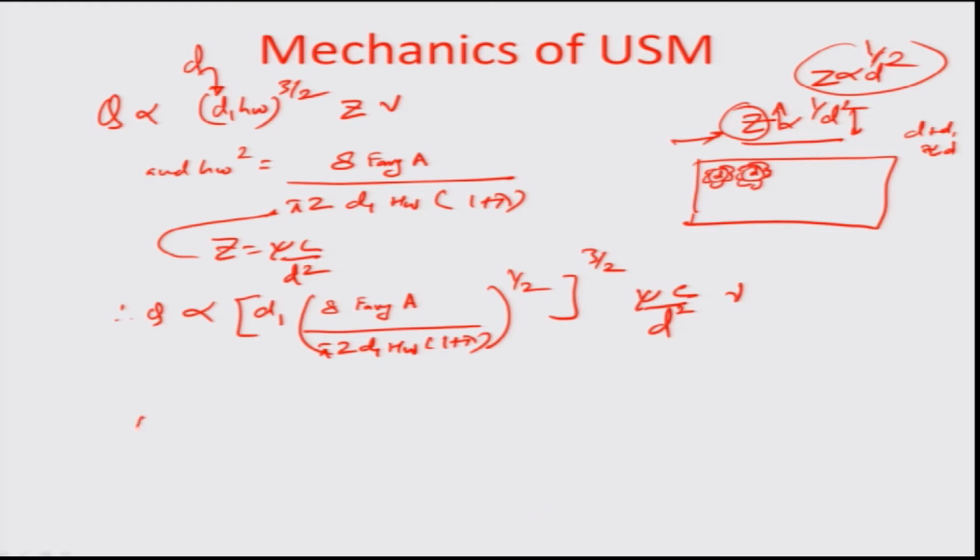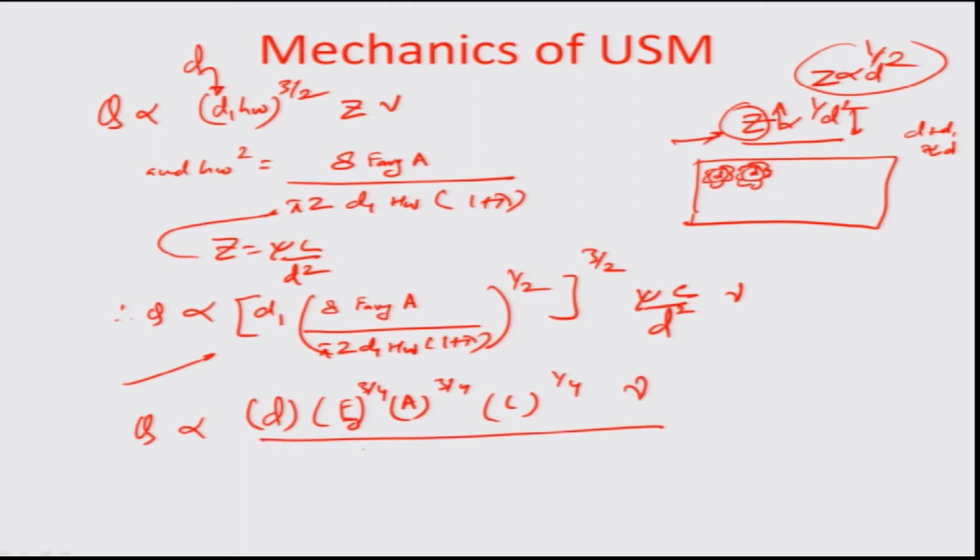In other words, Q, if I solve this algebraically, becomes directly proportional to d to the power 1, f average to the power 3 by 4, amplitude to the power 3 by 4, concentration of the grains to the power of 1 by 4 times of frequency of the tool nu divided by h w to the power of 3 by 4, 1 plus lambda to the power of 3 by 4.